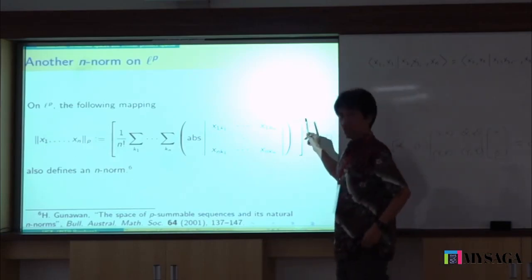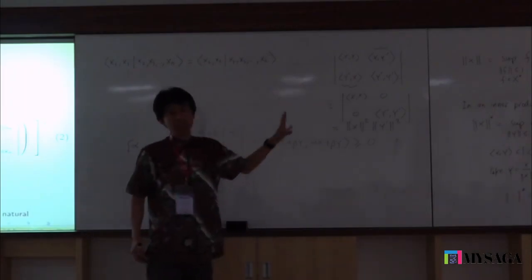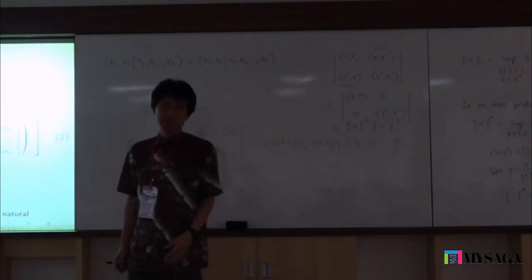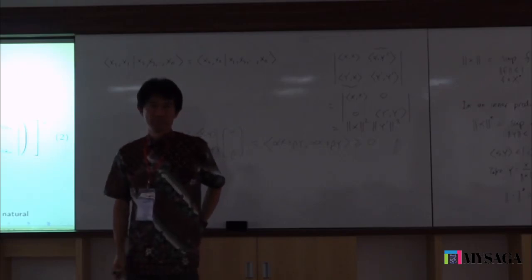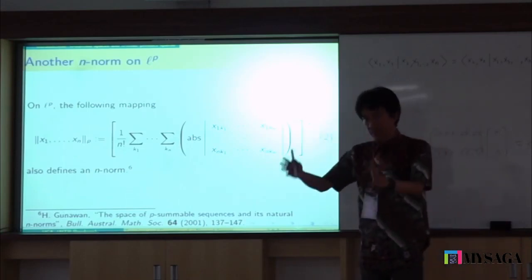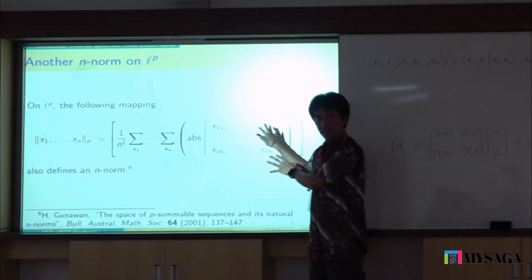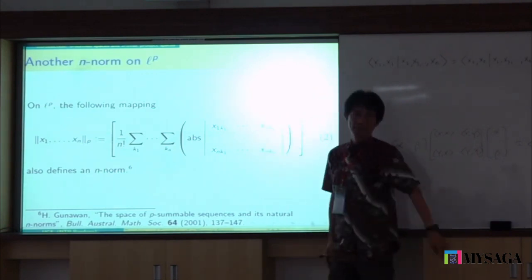So if p is equal to 2, this is exactly the determinant of the Gram matrix. For p equals 2, from the determinant of the Gram matrix, you can get this exactly.